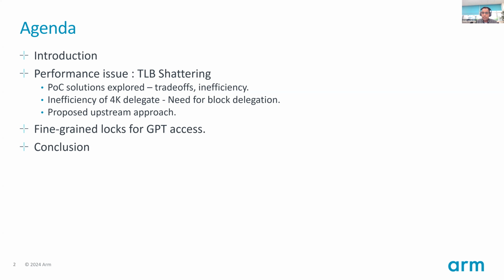I'll also mention some proof of concept solutions that we've done in EL3 firmware, the inefficiency of the 4 kilobyte delegation that we have today for the realm world, and the proposed upstream approach. I also hope to touch upon the fine-grained locks that we are implementing as part of the patch stack alongside this work.